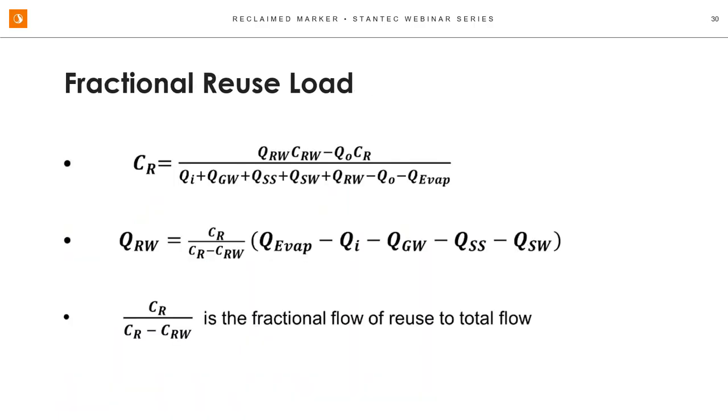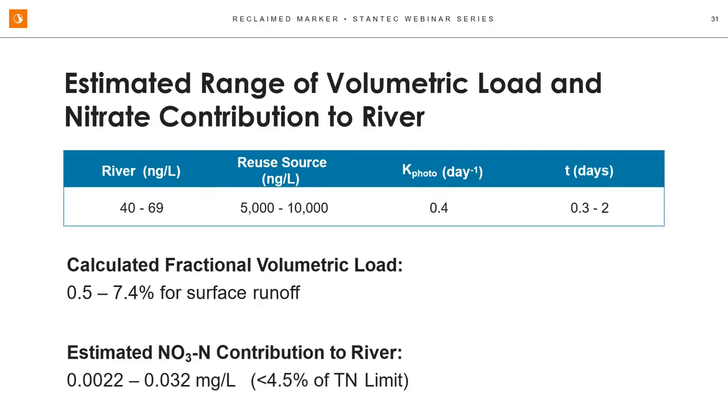And so if you just go through the mass balance, you end up with, on the bottom, this fractional flow of reuse to the total flow. So it's just the concentration of iohexol in the river divided by the concentration of iohexol in the river minus the concentration in the reuse water. And so we went ahead and tried to make an estimate of what we thought the volumetric loading was into the river.